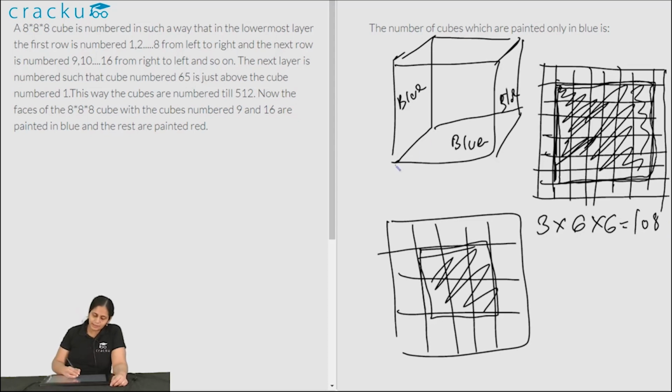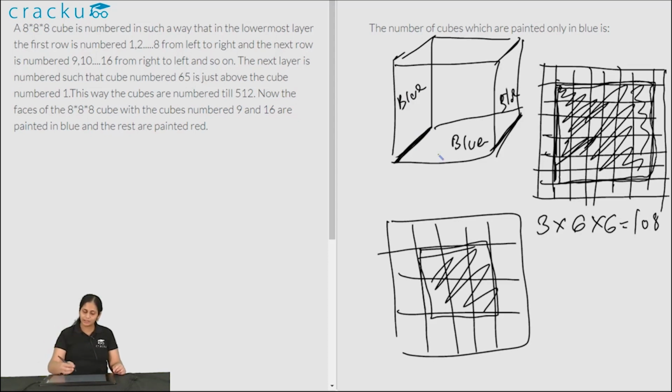Now consider this edge and this edge. Generally, the cubes on the edges are painted on 2 faces, and the cubes on the corners are painted on 3 faces. Here the 2 edges are between 2 blue faces, so both the painted faces are going to be blue faces. Over here also both these faces are going to be blue. So we have to consider the cubes lying on these edges.